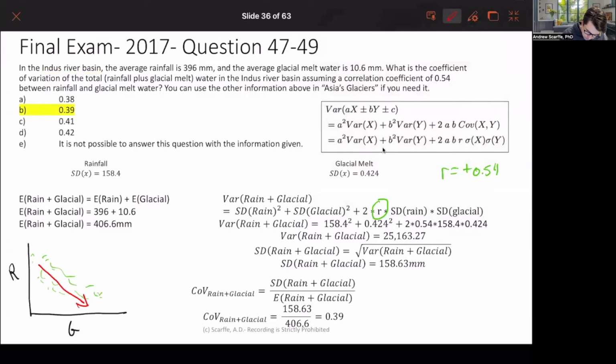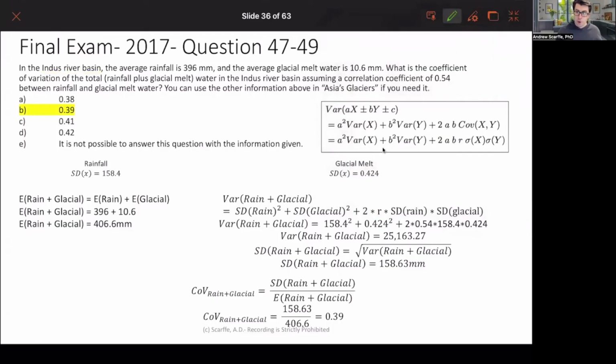In that case, we'd have R equal to negative, let's just say 0.54, in which case we would have to sub in negative 0.54 for R, which then would result in this, instead of being positive, being minus. Okay? We have to be mindful of the sign on our correlation coefficient. In this case, we're dealing with a positive correlation coefficient, so it doesn't affect our answer. But if it was a negative correlation coefficient, it would affect our equation and our ultimate answer.